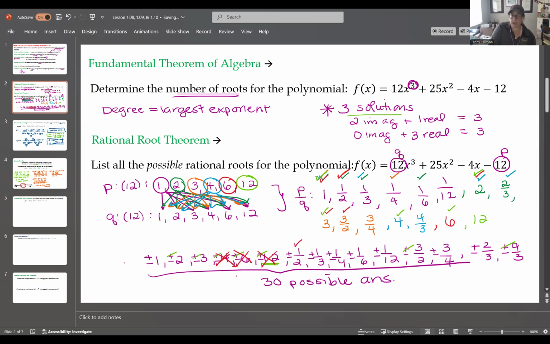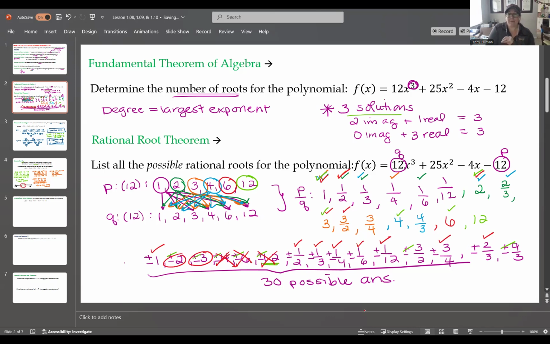Okay, I can keep 1/2, positive, negative, 1/3, 1/4, 1/6. So these can all stay. 3/4 can stay, 2/3 can stay. And then I've got my positive and -1 and -3. So I went from 30 possible answer choices to about half.